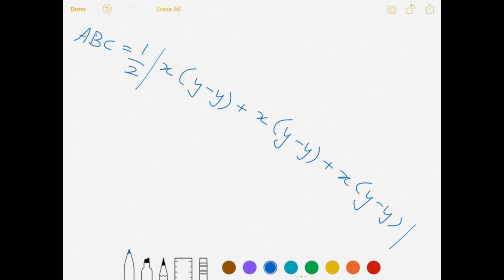Done. Now comes the numbers. Start with 1: 1, 2, 3. Then 2: so 2, 3, 1. Do not break the sequence. So 3, 1, 2. That is it. The formula to find the area of the triangle when the coordinates are given.